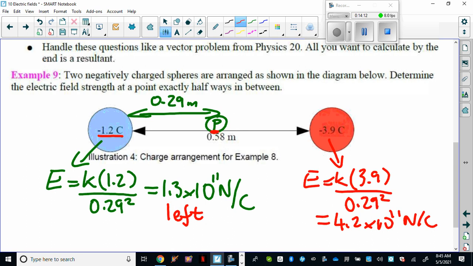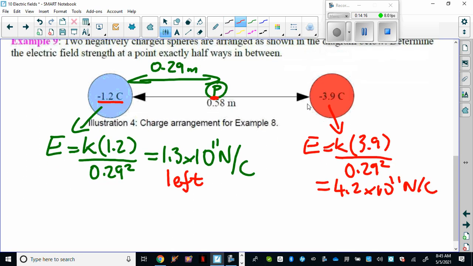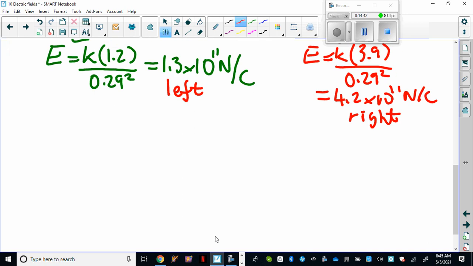And what direction is that? That is going to be to the right. Because again, this positive test charge is going to be drawn to the right. And later we're going to learn that electric field lines always go into the negative and away from the positive. So that's another way that you're going to be looking at it when we do the next lesson. So this is to the right, and then we add those vectorially. One's left, one's right, so one's positive, one's negative, and you get your answer, which is going to be the net.